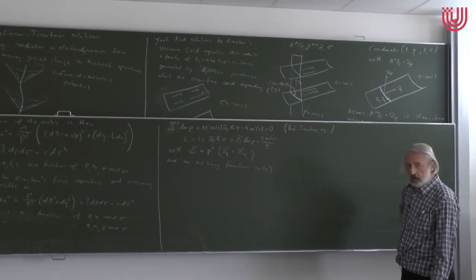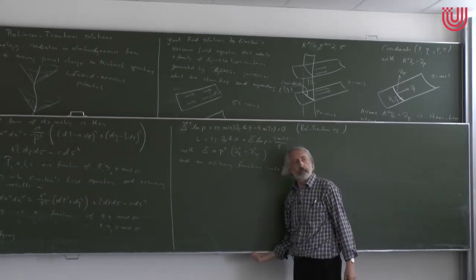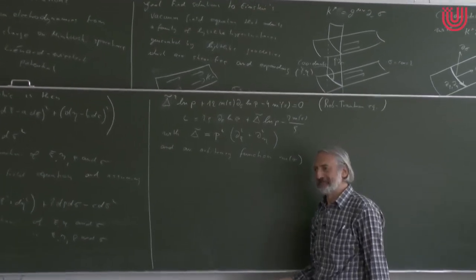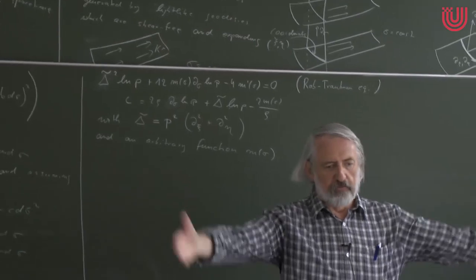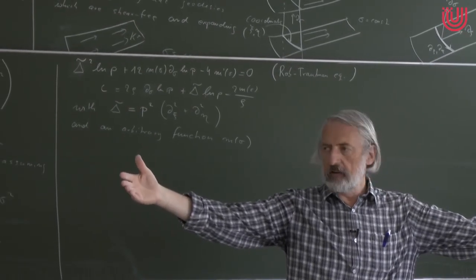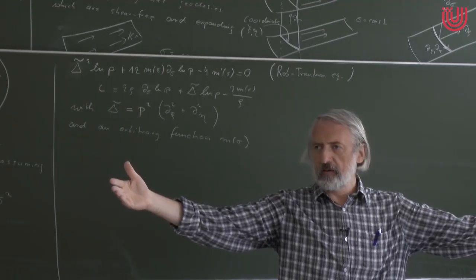Okay, of course there's one solution in this class which everybody knows. Which solution do you expect to be in this class? Vacuum field equation. Family of light-like hypersurfaces which are expanding outwards. Remember such a solution?